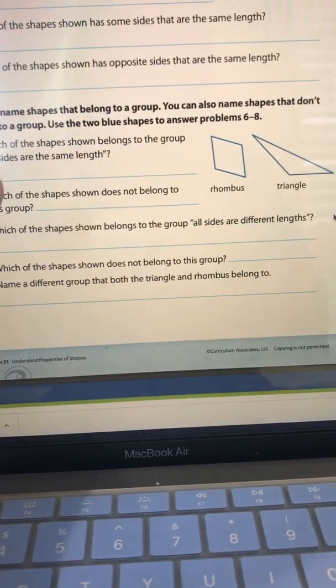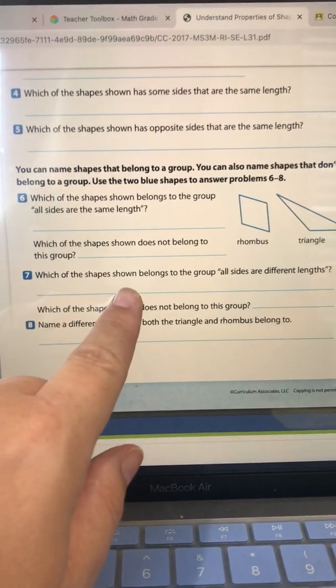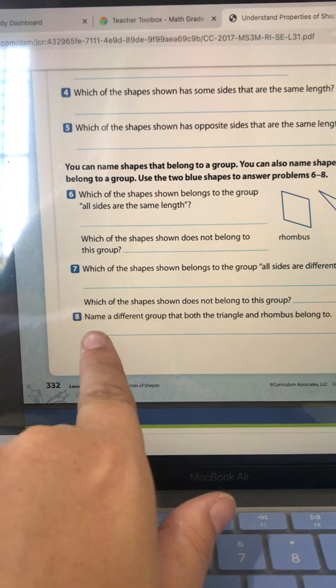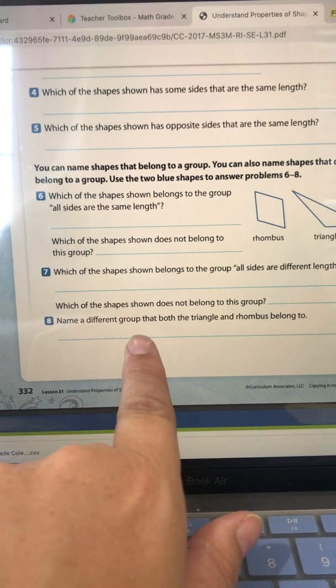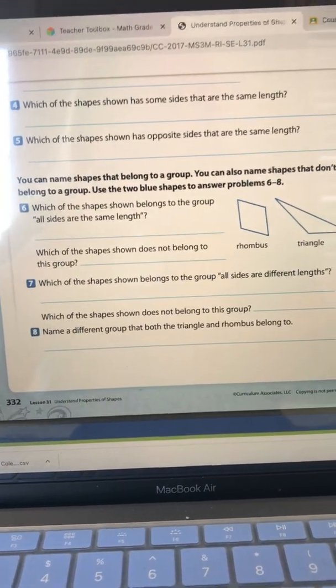So once again, rhombus should go here, then triangle, then rhombus, and then you can put polygons, P-O-L-Y-G-O-N-S, and you can also put no right angles, and that would fit for both shapes.